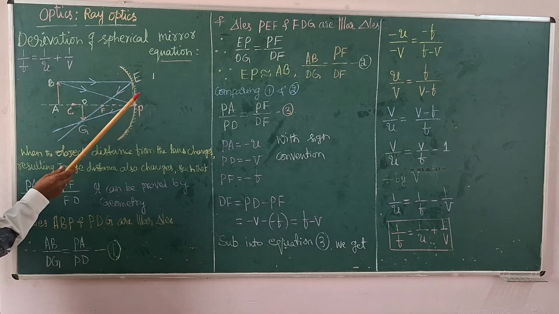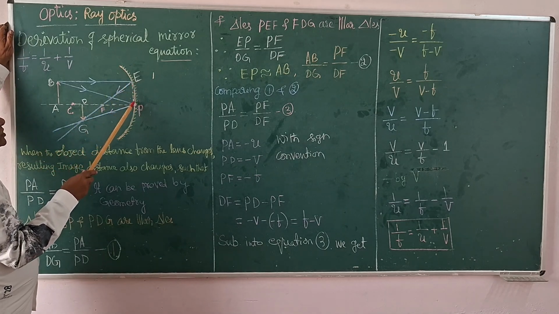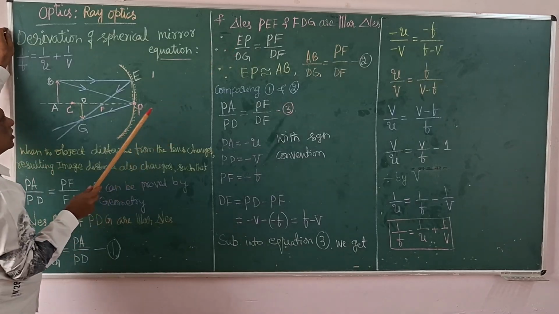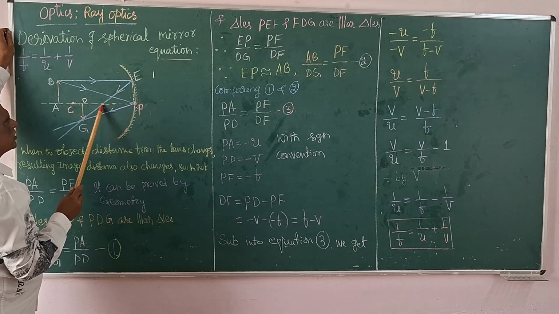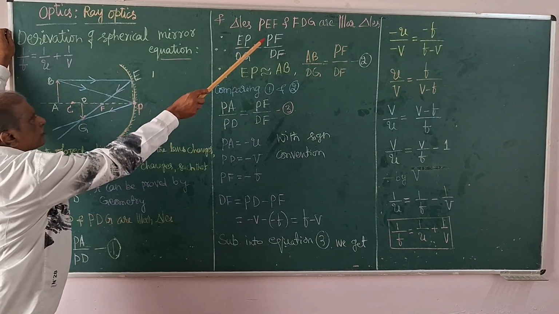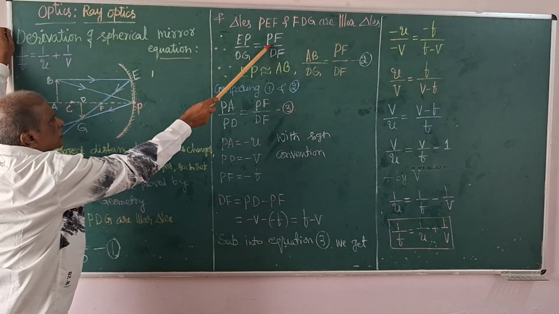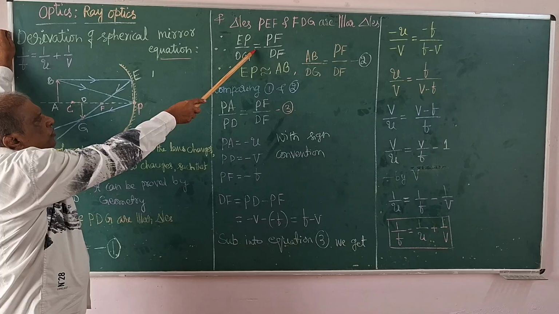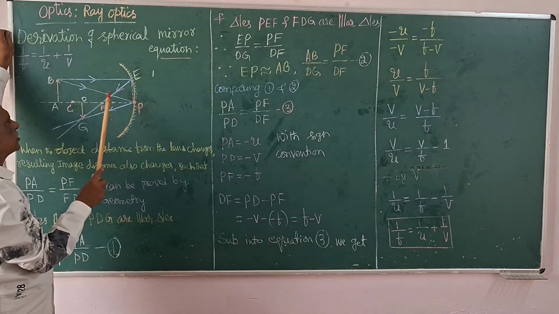The corresponding sides I am taking: this side divided by this side, and this side divided by this side. These ratios are equal. So this is what we get from these two sets of triangles.